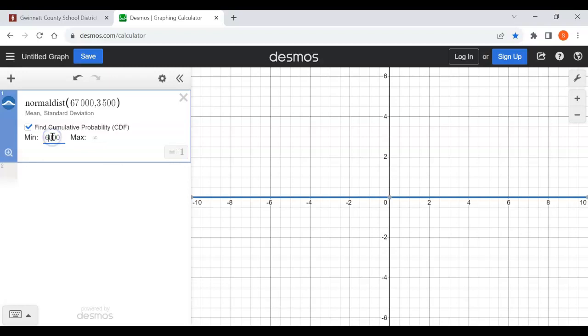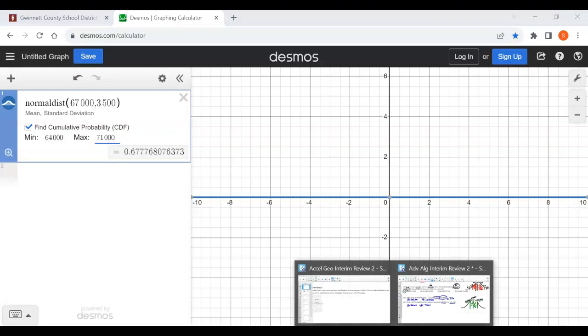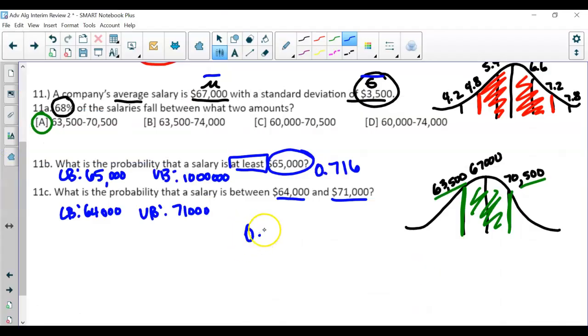But now we were at 64,000, but then the maximum was 71,000. Remember, no commas. And here's our probability, 0.67, and we can round this because of the 7 after it to 8. So 0.678 or 67.8%.